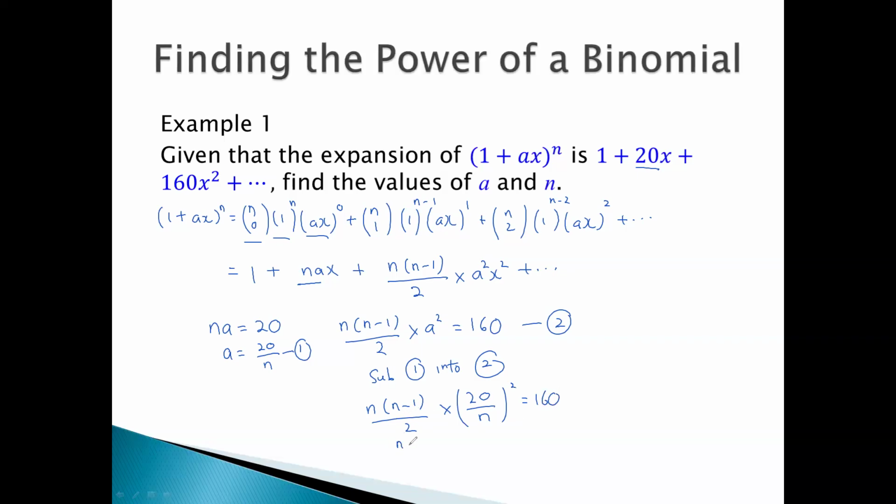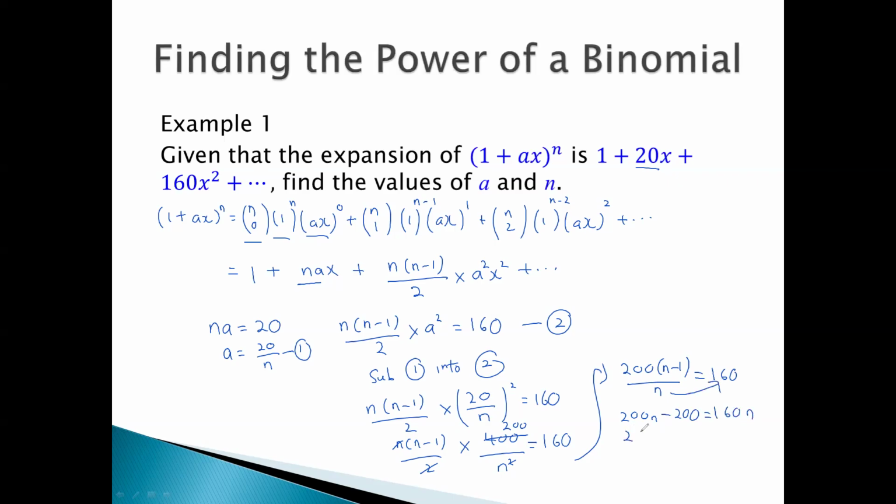Let's simplify it. (n minus 1) over 2 times 400 over n squared equals 160. So we can start cancelling. This is actually 200, n and n. So 200(n minus 1) over n equals 160. 200n minus 200, I'm expanding, equals, and this one goes up, 160n.